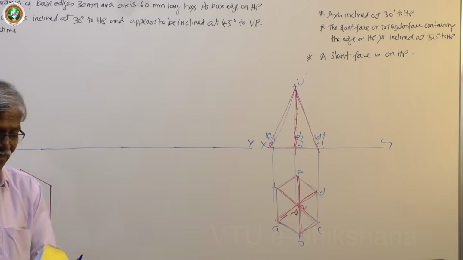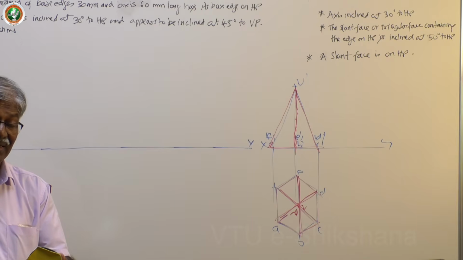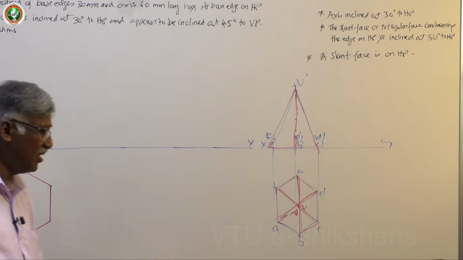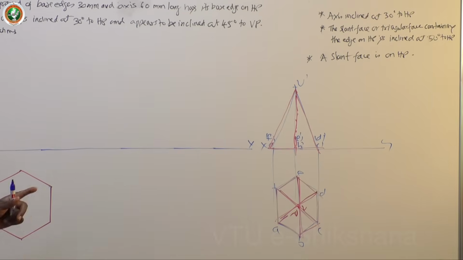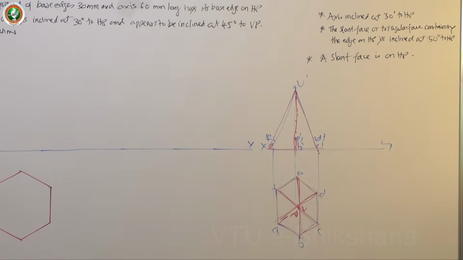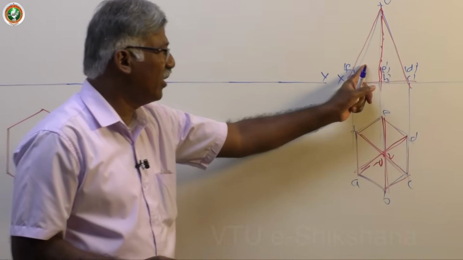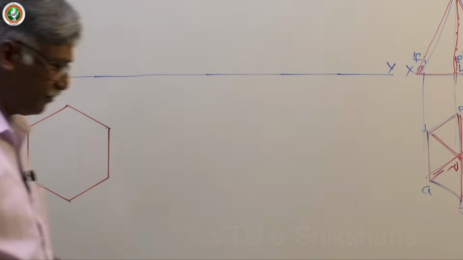Suppose I keep it like this, with the axis perpendicular to VP, then you never get the slant edges visible, but hidden lines you have to draw. So in this case, it's a very simple case. We are going to keep the solid with its base on the ground, and all the slant edges are dark in the front view as well as the top view.